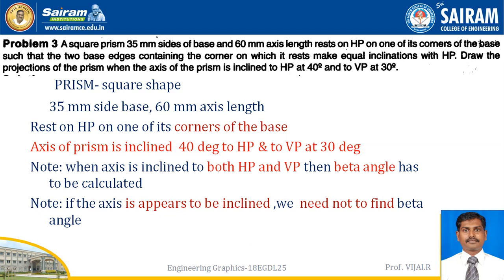We have seen this in the projection of planes also. Appears to be given means we can see it is looking like 45 degree, it is rotated, so we do it. But when the inclination is directly given, we have to find the beta angle. That is the important thing. I'll tell how to do it.